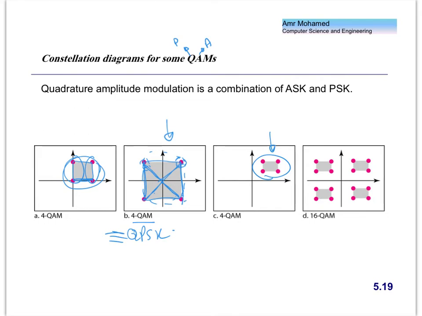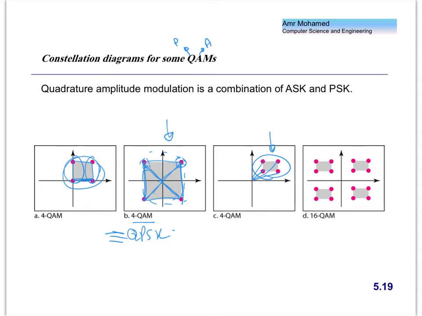Yani you have all 4 quarters of the IQ diagram available for you, and you arrange the symbols very close to each other in one quarter of the diagram. Of course, here we have different amplitudes for each symbol and different phase. And the symbols are very close to each other, so the effective noise here will be very, very high, right?